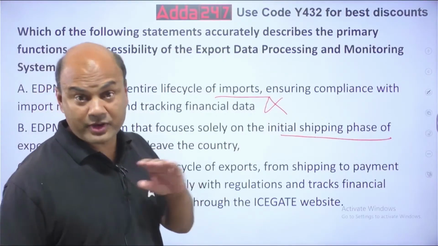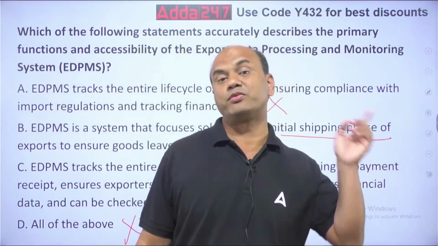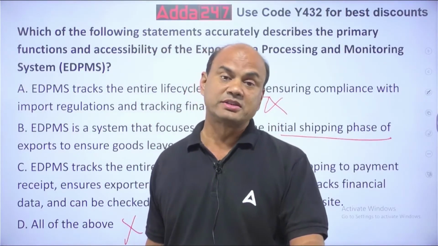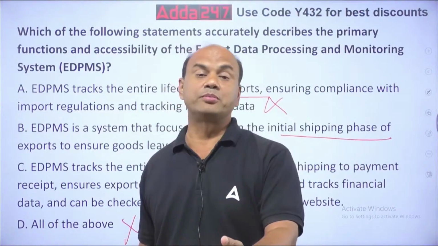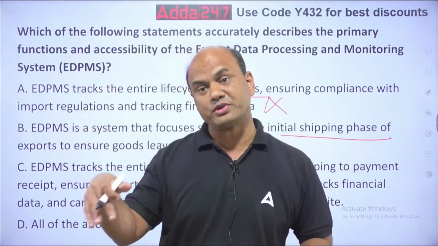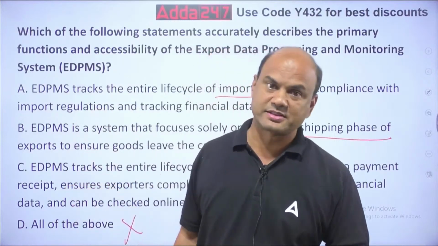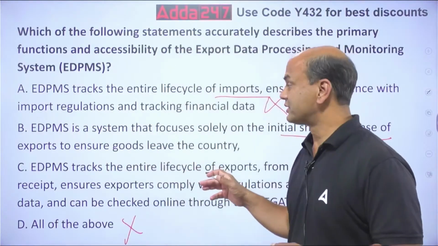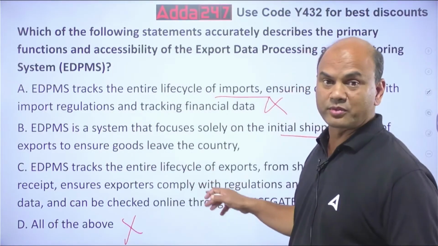No, EDPMS tracks everything, not only the initial. It tracks from shipping the goods to the customs documents, to the various other documents which are inputted, to the payment we get from that buyer or issuing bank, whatever be the case. So EDPMS tracks everything. The right answer over here would be C.